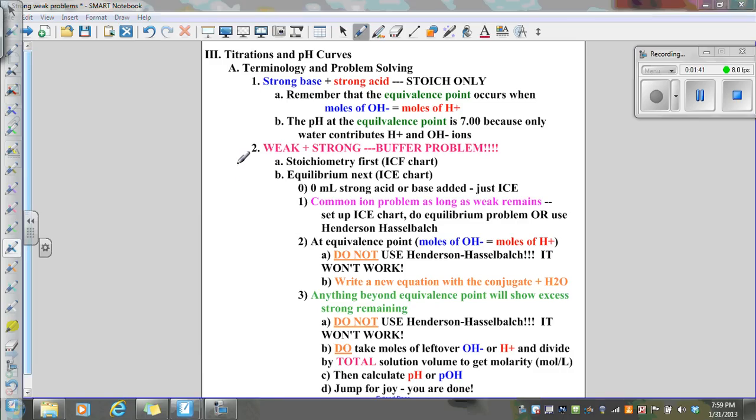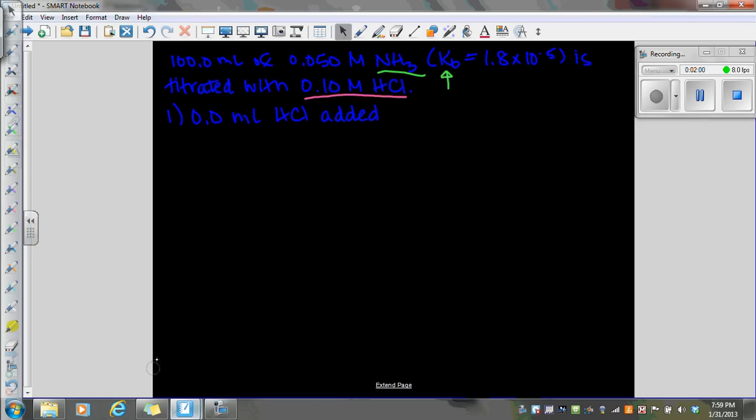The very first thing you're going to do is stoichiometry, and then you're doing equilibrium next. And if we have 0 milliliters of strong acid added, it's just an ICE chart. So let's go back and look at that.